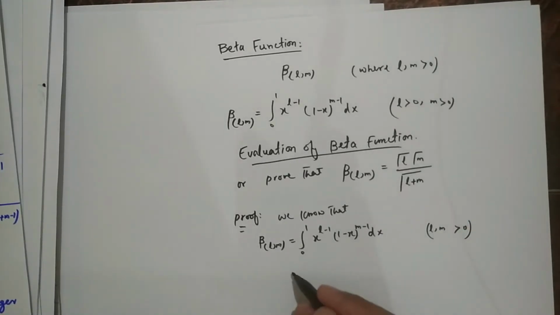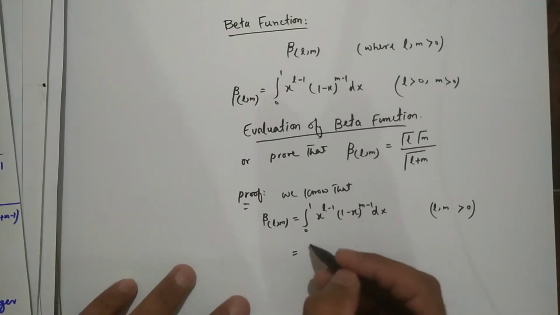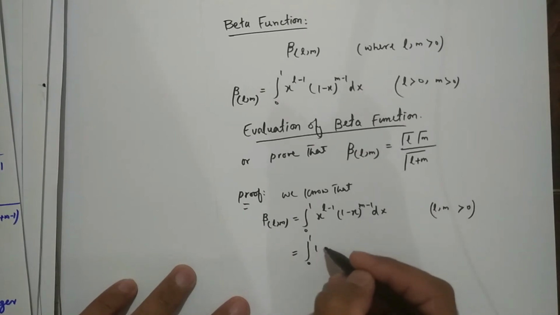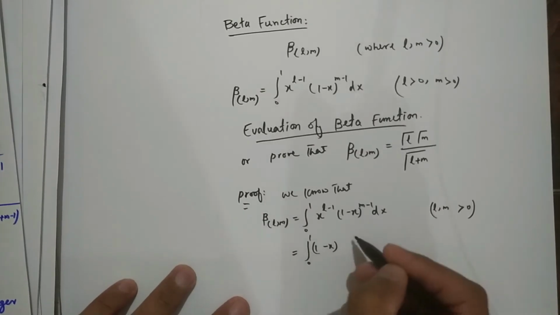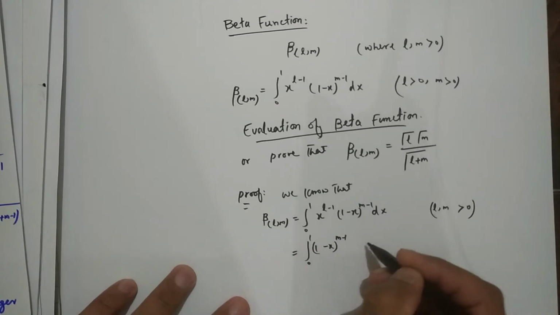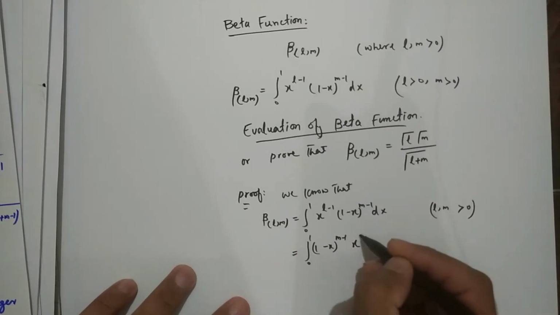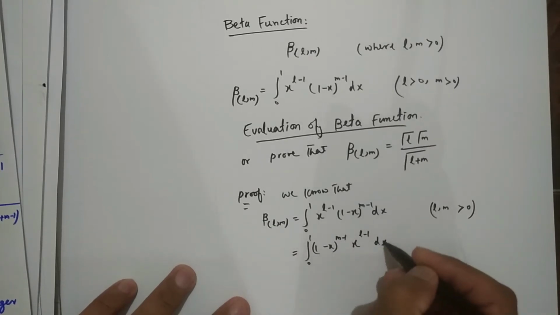So we can also write this, by interchanging these functions, as the integral from 0 to 1 of (1 minus x) to the power m minus 1 times x to the power L minus 1 into dx.